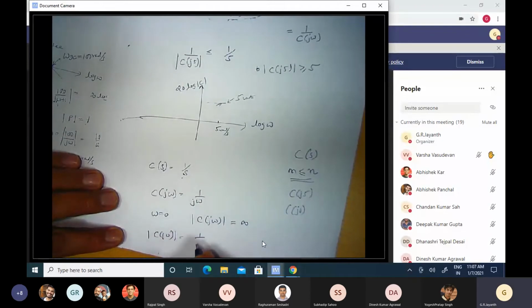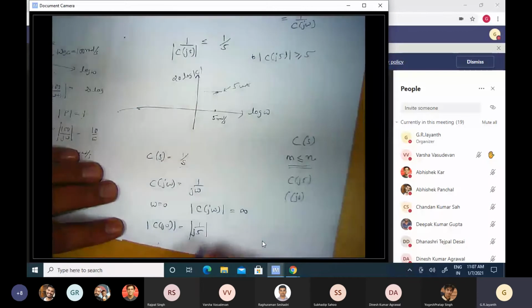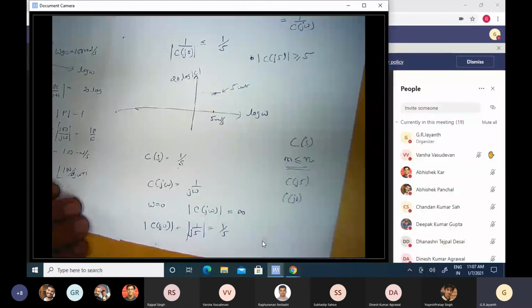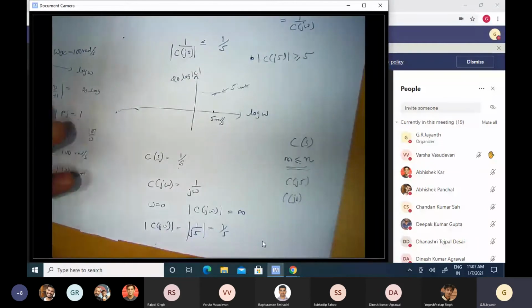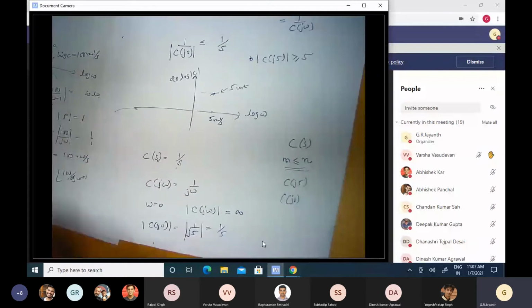That's equal to magnitude of 1 by j5, which is 1 by 5. Damn. What did we want the magnitude of C of j omega to be at 5 radians per second? We wanted it to be 5 units, not 1 by 5 units. So clearly this controller structure is not going to satisfy the second performance specification at all.